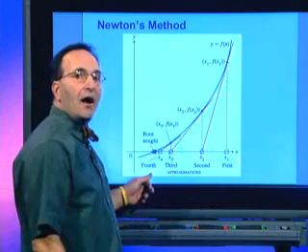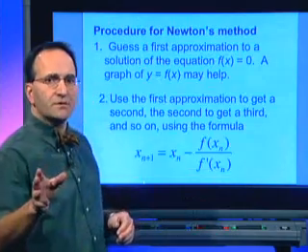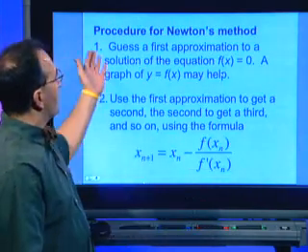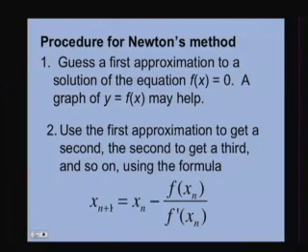Let's look at how we would do it analytically. The procedure for Newton's method says, 1, you have to guess a first approximation because we have to start someplace. So you guess one that's a solution to the equation f of x equals 0. A graph will sometimes be helpful to find a first approximation.